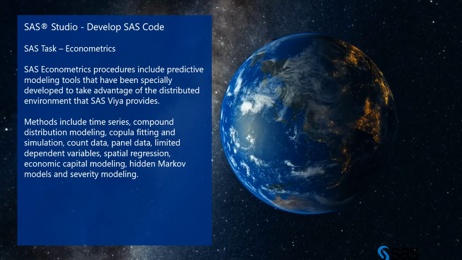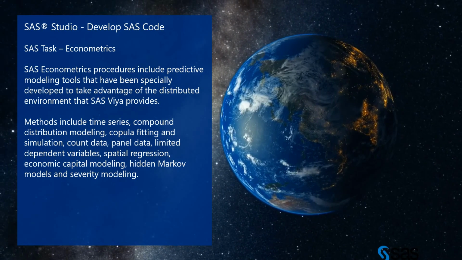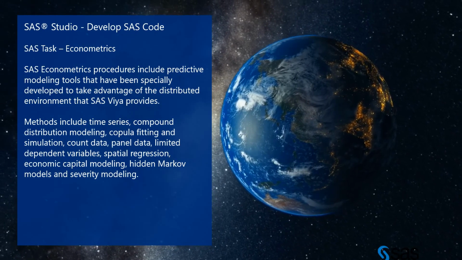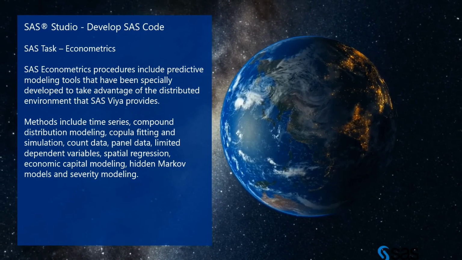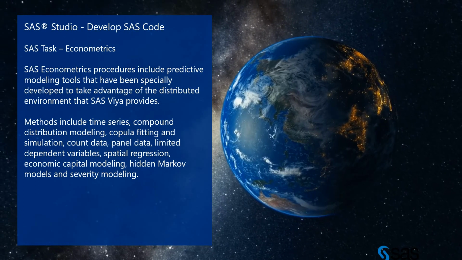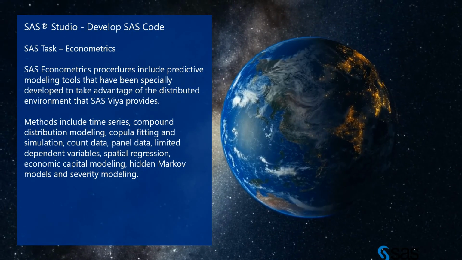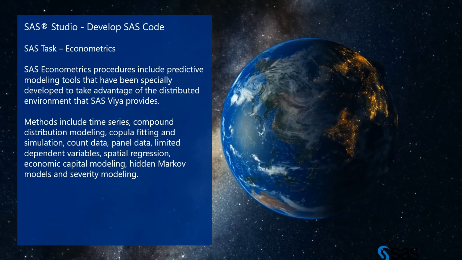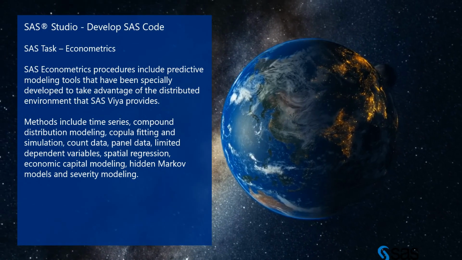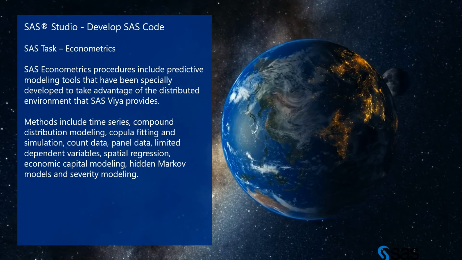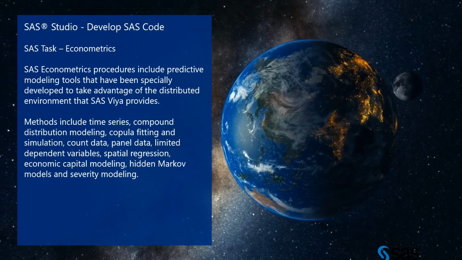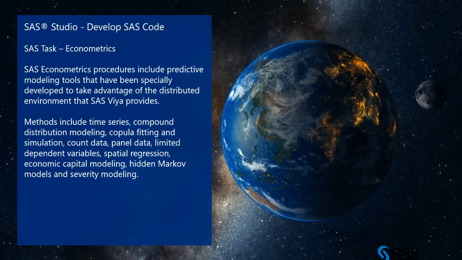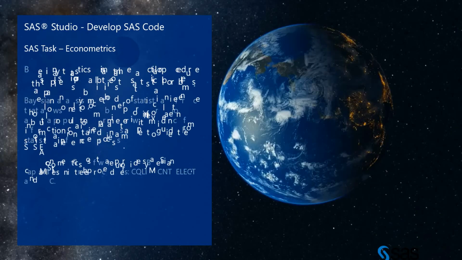The methods include time series, compound distribution modeling and fitting, copula fitting, simulation, count data, panel data, limited dependent variables, regression, economic capital modeling, hidden Markov model, and severity modeling. So this is all about the models we have in this econometrics.